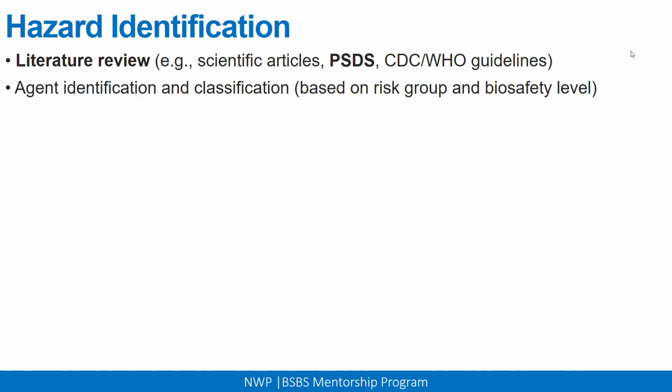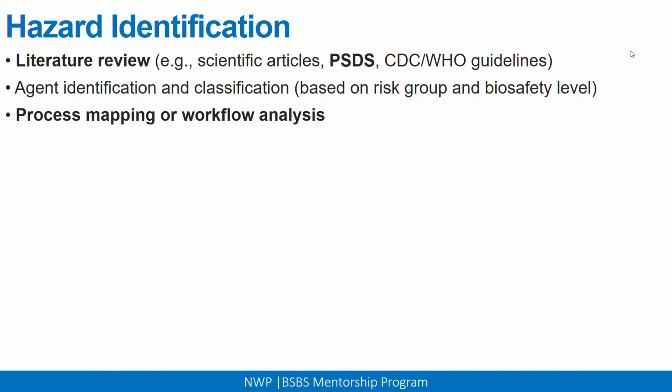Because the risk group will tell you information about the treatment availability, how infectious it may be, and how long the infection lasts. So you need to have this information. Of course, some of this information you get either from your scientific article research or your PSDS type of review.